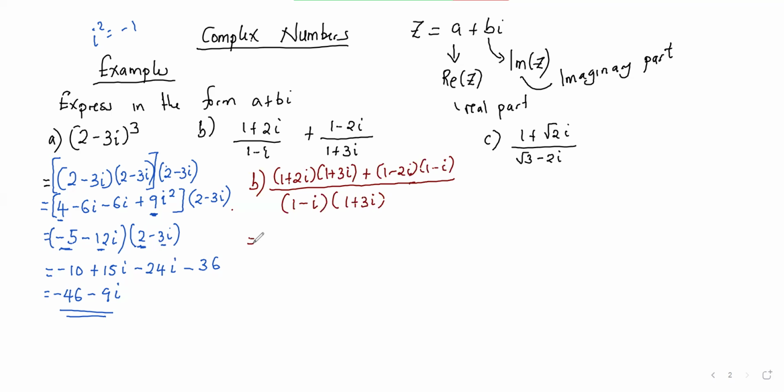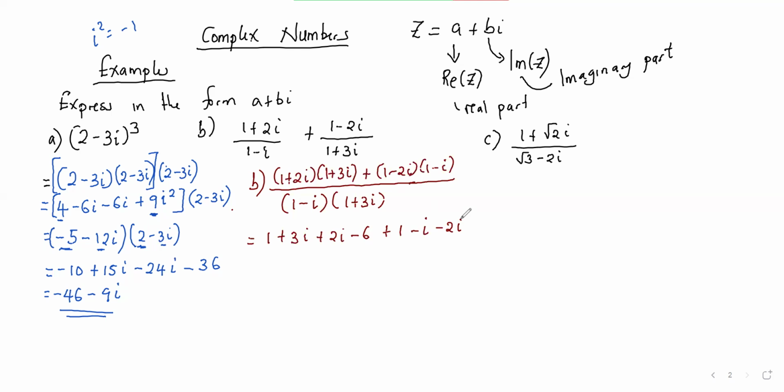Meaning we have 1 plus 3i plus 2i minus 6, plus 1 minus i minus 2i. i times i is negative.